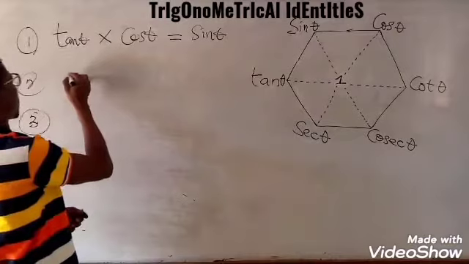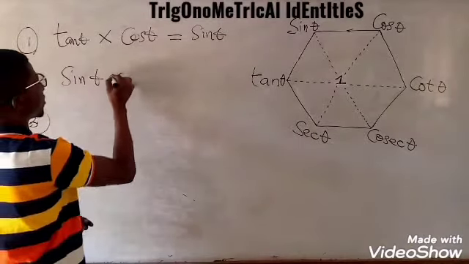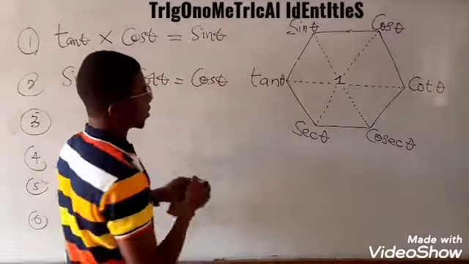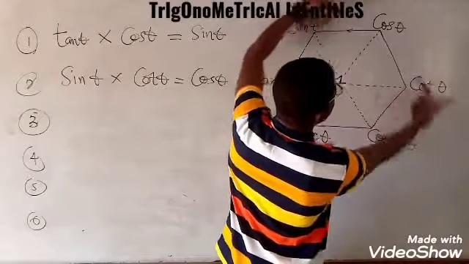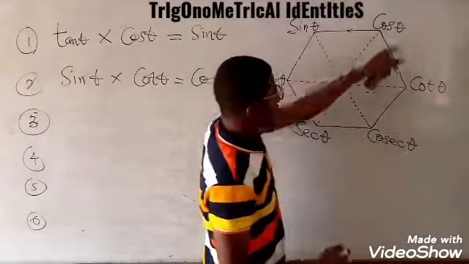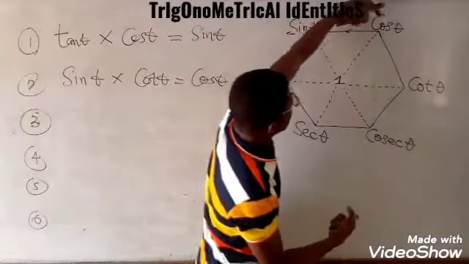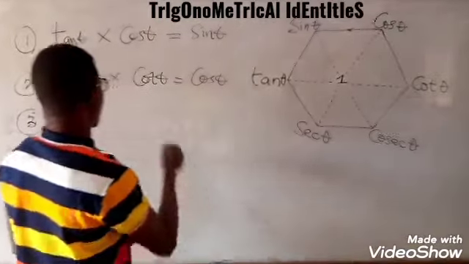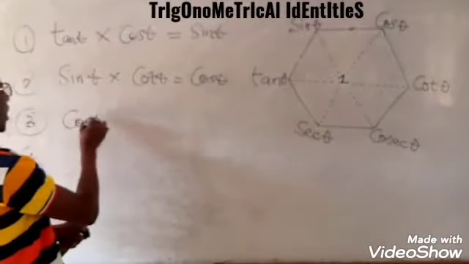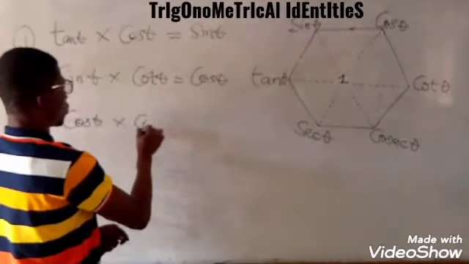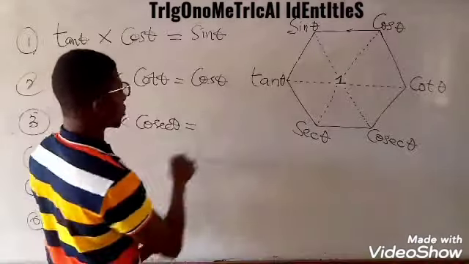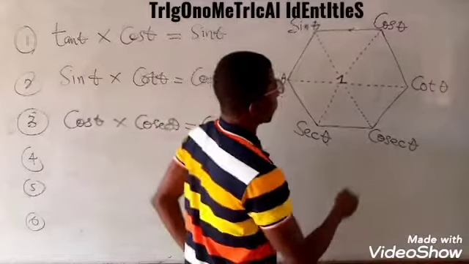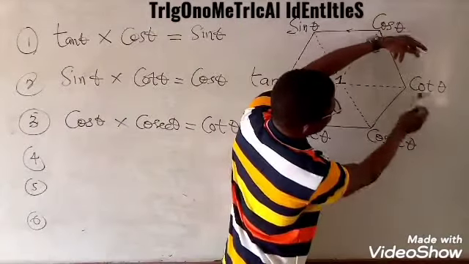So it means sin theta times cot theta is equal to cos theta. So when cos also multiplies cosec, we have cot. So we have cos theta times cosec theta, the result is cot theta. So along that direction, when this multiplies this, the result will give us cot.